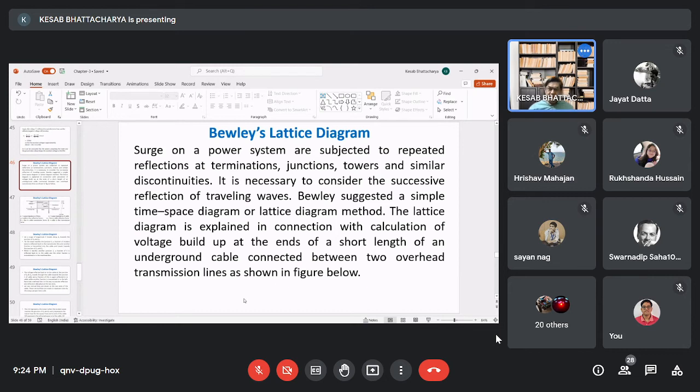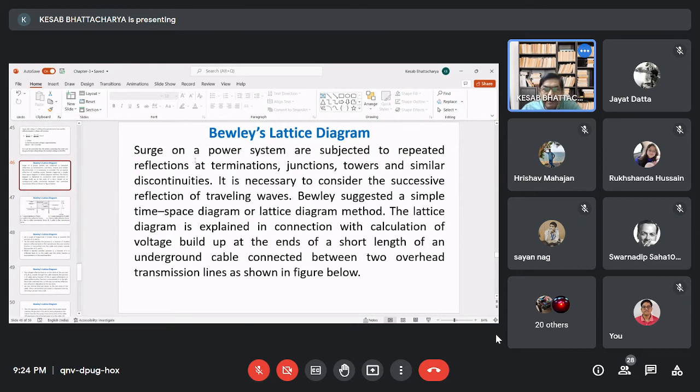This is a diagram and the method was suggested by a technologist, an engineer, whose name is Bewley, and that is why this method has been named after him, Bewley's lattice diagram.